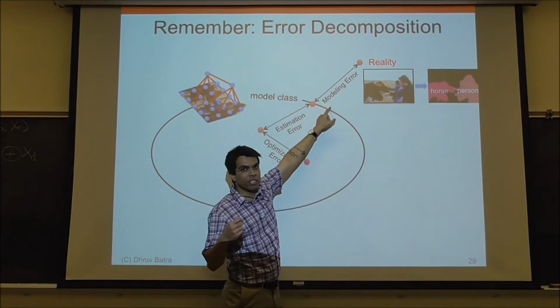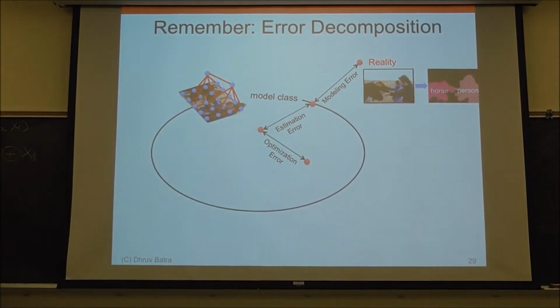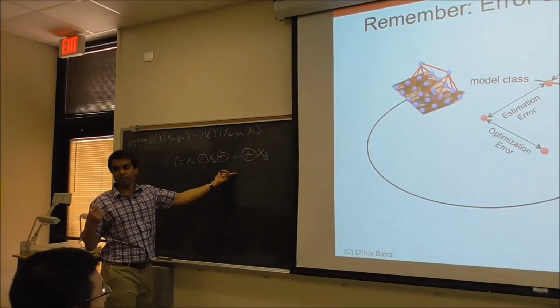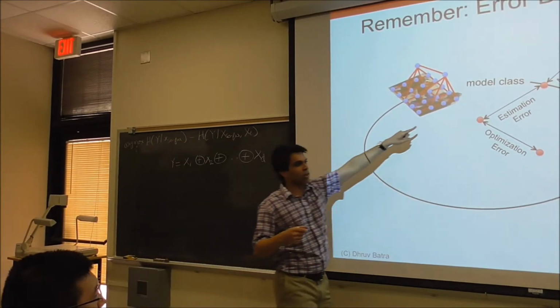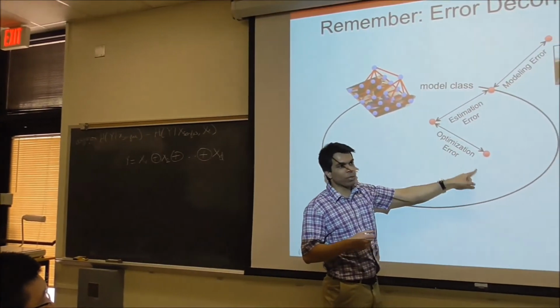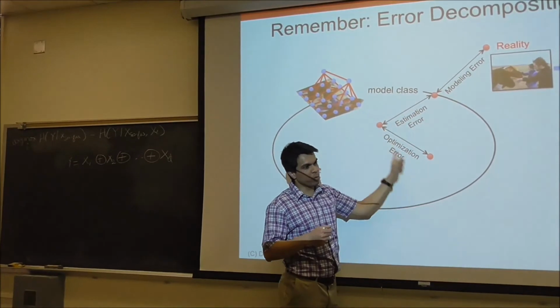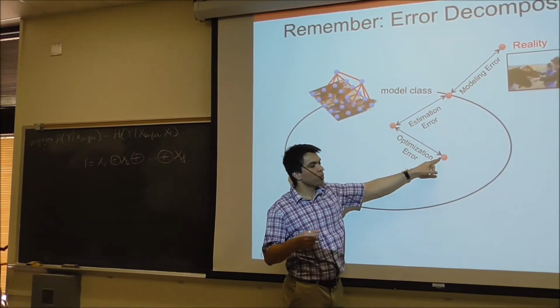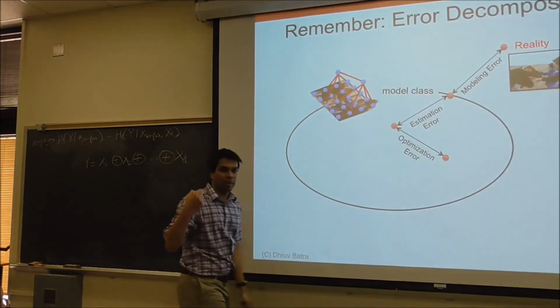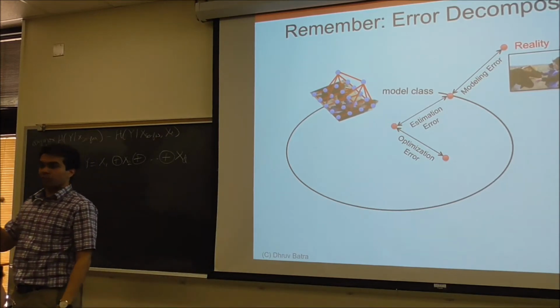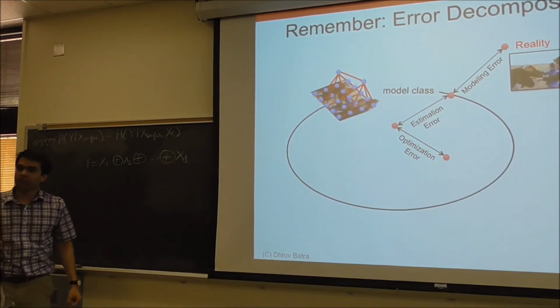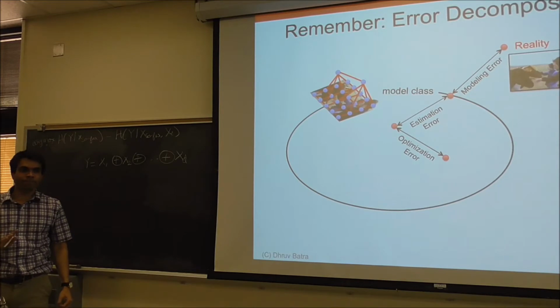Our modeling error is actually 0 for this particular function we're trying to learn, because it does lie in our model class. The error that we're making is optimization error. Even if we had infinite data, we would never find it because we cannot perform the search for the best decision tree. That's NP-hard, and we're using a heuristic, which is a greedy algorithm. Does that make sense?